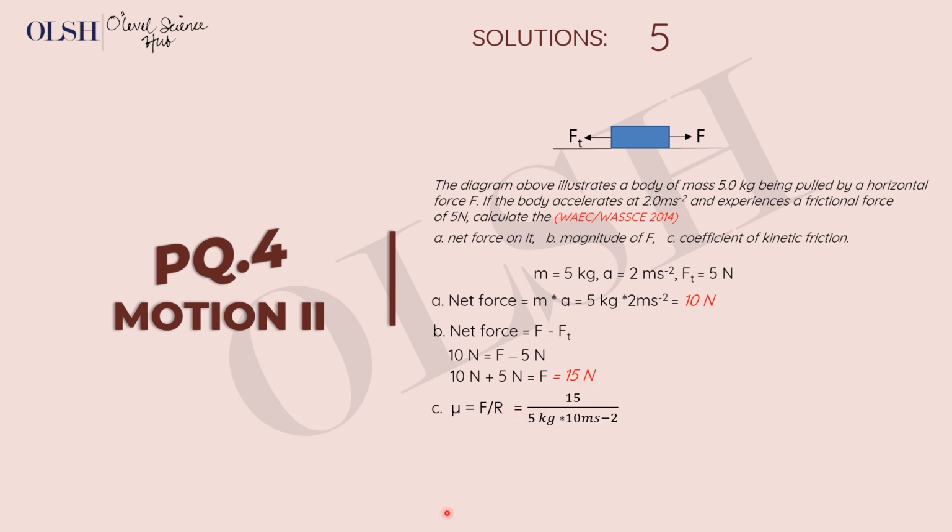We remember that our normal reaction points upwards here, and it's the opposite of the weight of this object, which is mass times gravity. So our normal reaction is equal to the weight of the object. That's why we have 5 kg times 10 meters per second squared. So 15 divided by that will give us 0.3 as our coefficient of kinetic friction. Remember, there is no unit for this, so it's dimensionless.